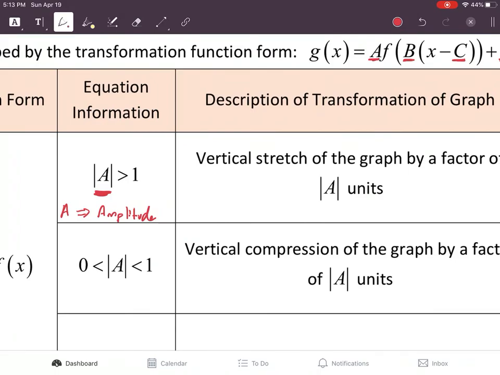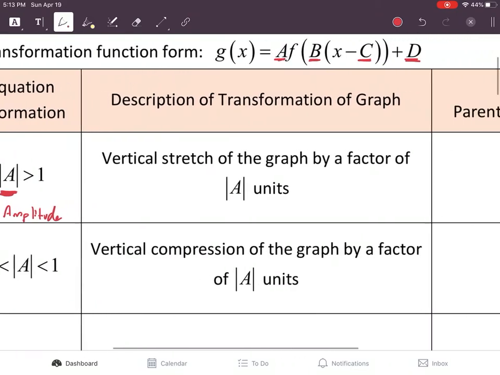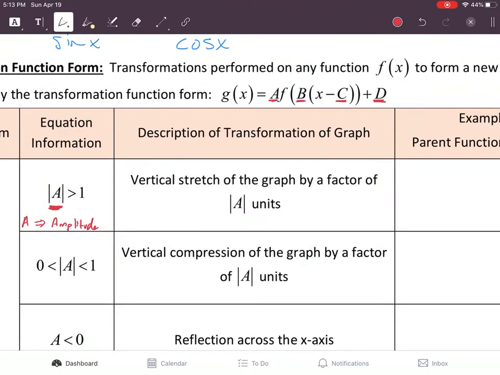Your amplitude in a periodic function is always going to be a positive number. It can't have a negative sign in front of it. When you write down an amplitude, it's not -3, it would be +3. The negative would mean that it has been flipped over the x-axis, it's been reflected. So that's why that's an absolute value: no matter what, A has got to be a positive number to be the amplitude.